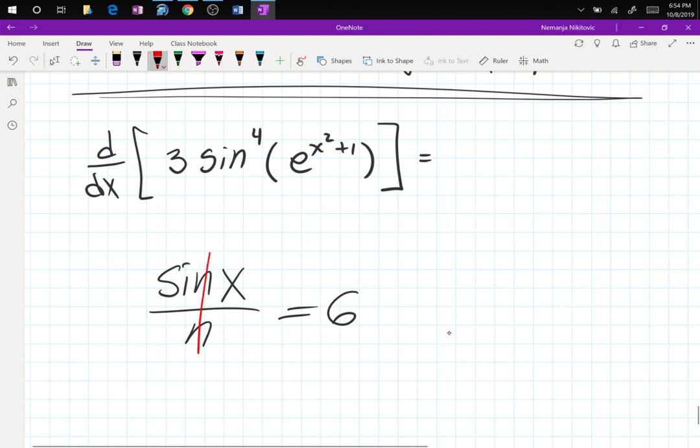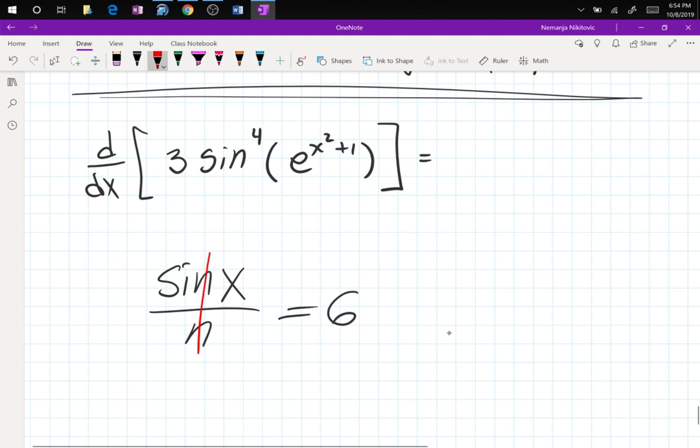Cancel out the n, exactly. If you cancel out the n, you get 6 equals 6. It's a trig identity. Yeah, write this one down. It's useful. It will be on the test.